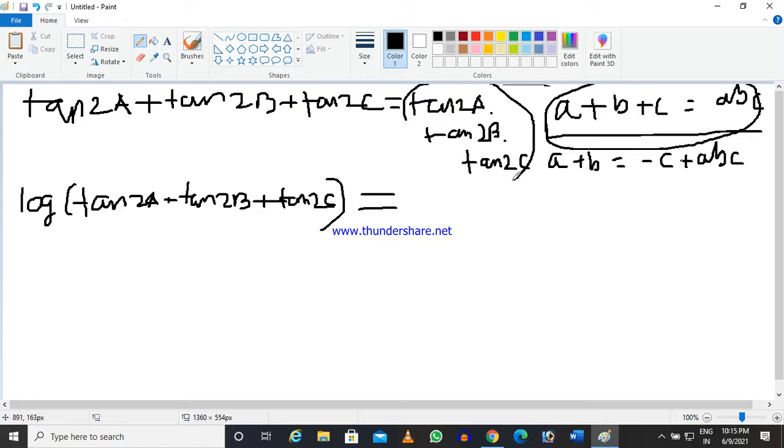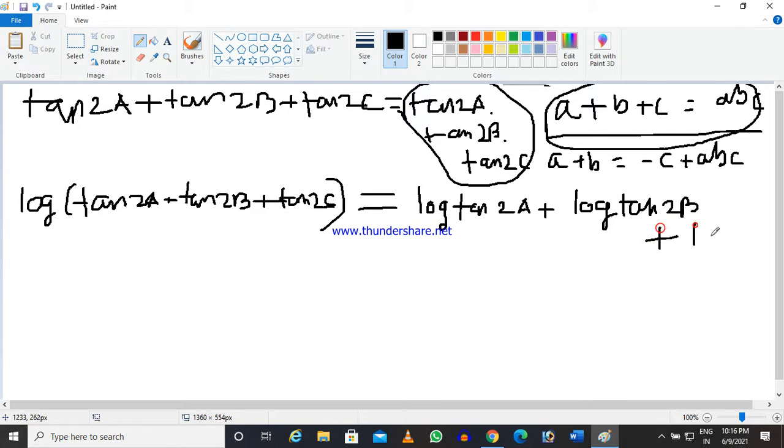If there is a product, it should be the summation of the logarithm of individual terms. So log tan 2a plus log tan 2b plus log tan 2c.